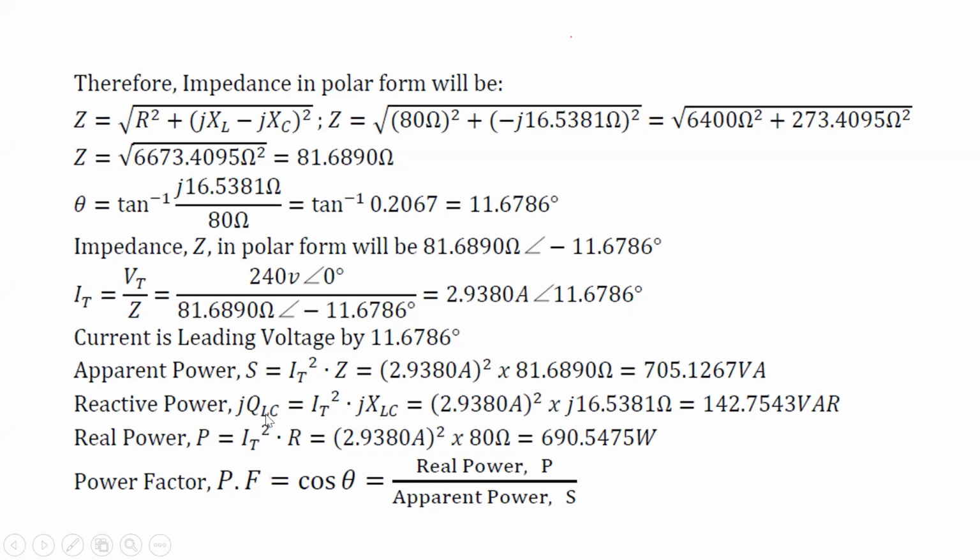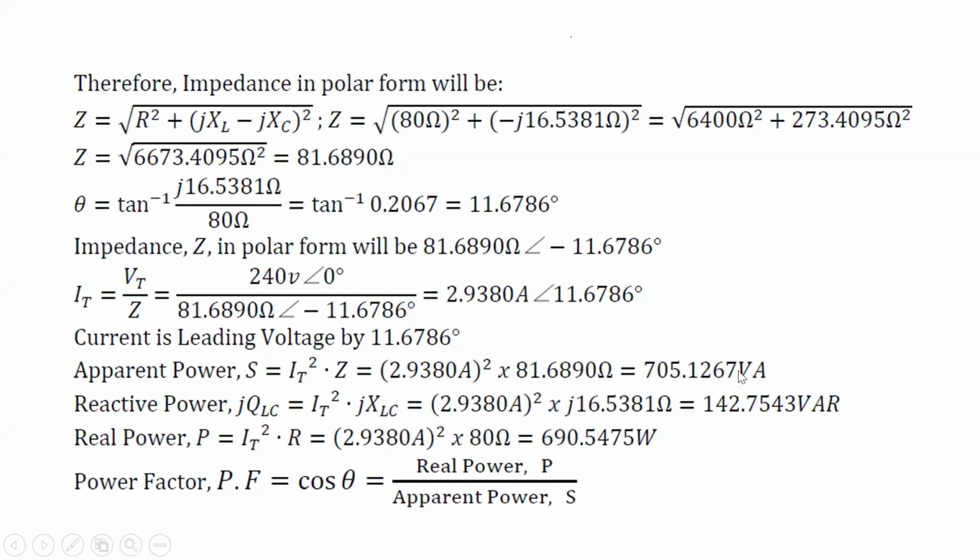Then reactive power will now be jQL equals I squared times the reactance of these reactive elements, which is 16, and we have it to be 42.7543 VAR, volt-ampere reactive.